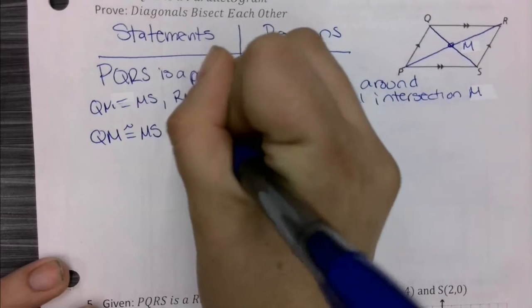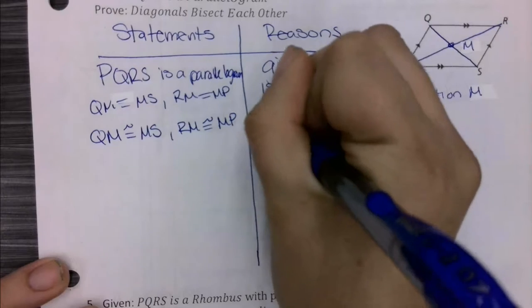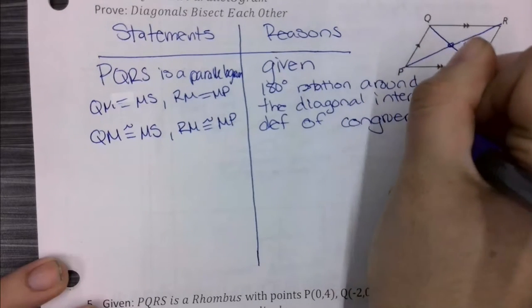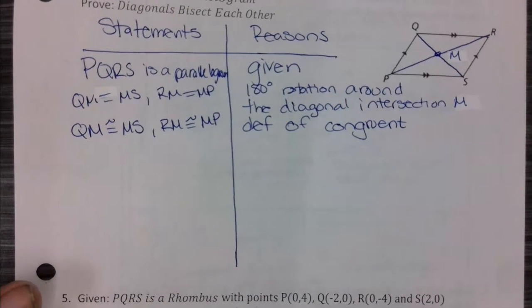Okay, so now that I know the two things are equal, I can say that they're congruent because that's the definition of congruent. That's the second one.